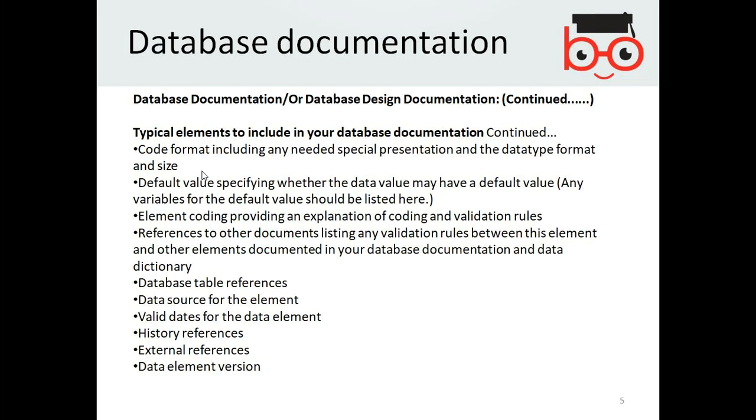References to other documents list any validation rules between this element and other elements documented in your database documentation and data dictionary. Database table references should be there. The data source for the element should also be there. Also valid dates for the data element, the history references, external references, and data element version.